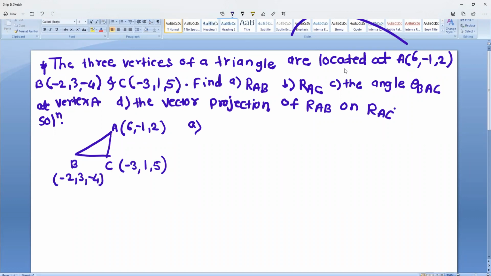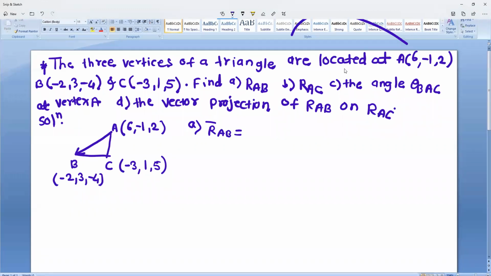RAB means it is the vector. We have to first find vector AB bar, right? Because RAB is the magnitude of vector AB bar. Now how we find any vector?